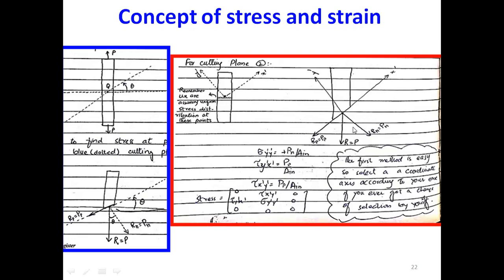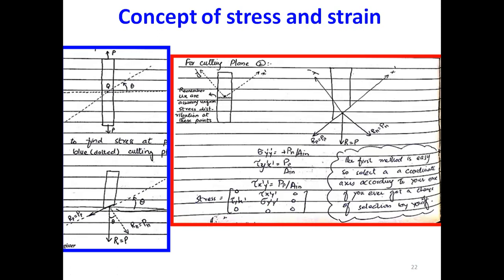So in this case, you could easily see that if we take this as a coordinate frame, x axis, y axis, then in the stress matrix we would have only one component. But if we change the orientation of the coordinate frame, we rotate the coordinate frame at this point and make it x prime y prime, then you could see that now we would have three non-zero values in the stress matrix.